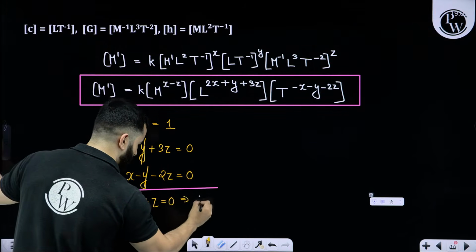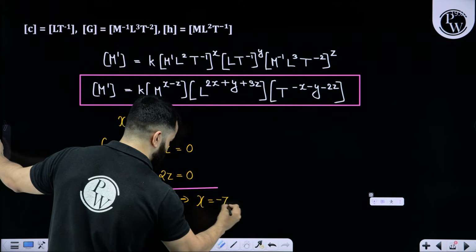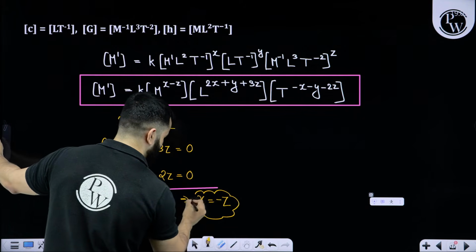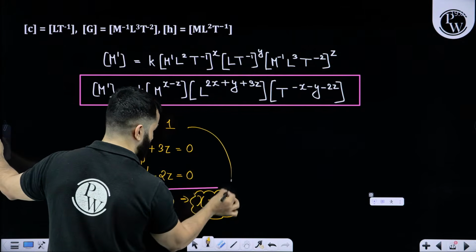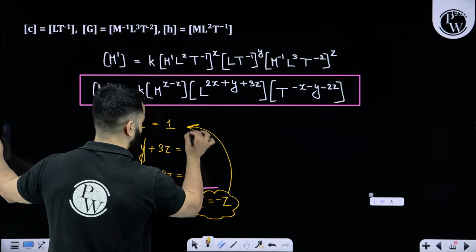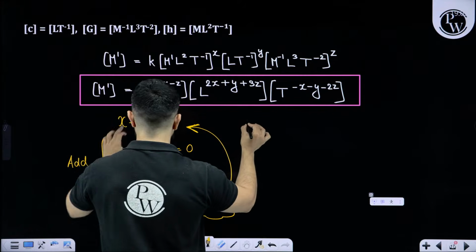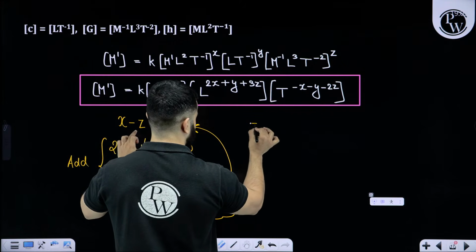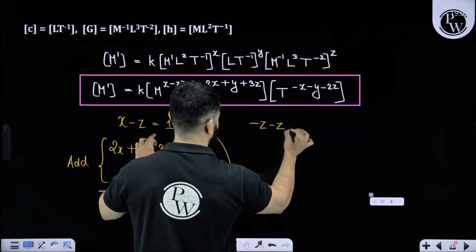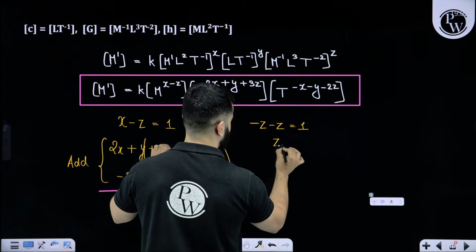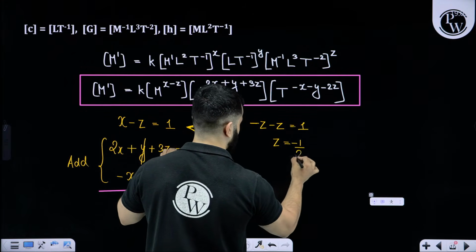Which means x is equal to minus z. Substitute this value in this equation: instead of x I can write minus z. So minus z is equal to 1, which means that z is equal to minus 1 by 2.